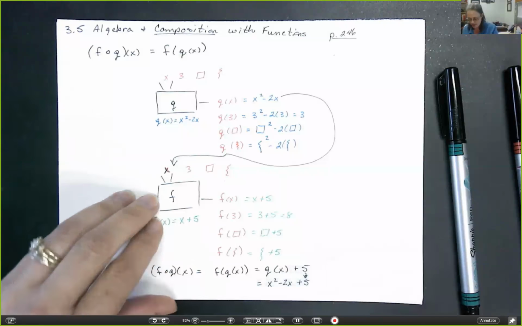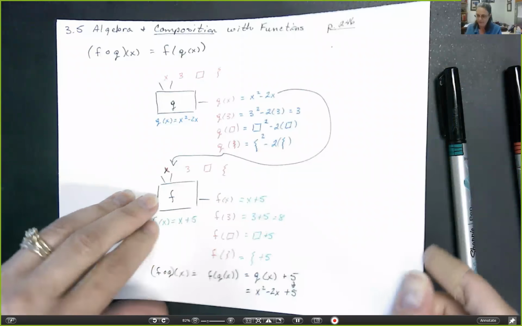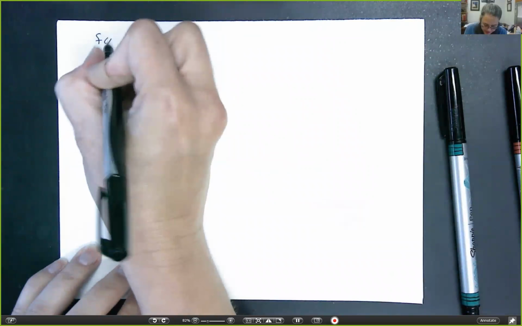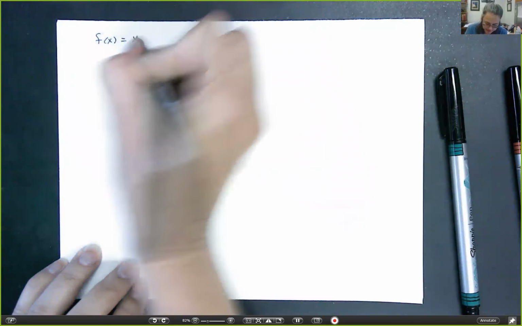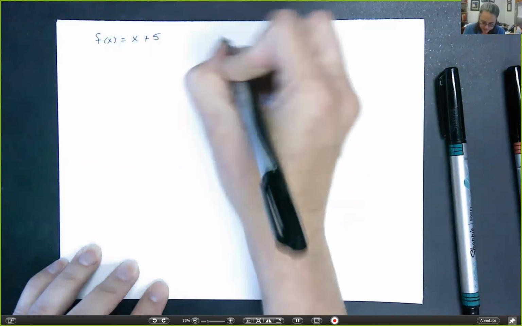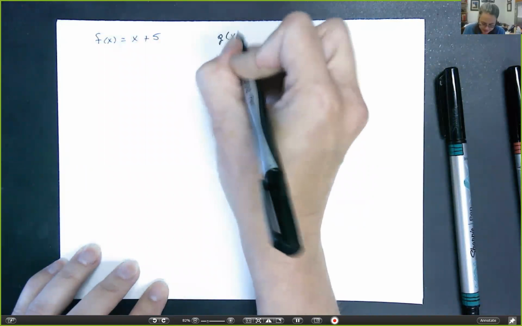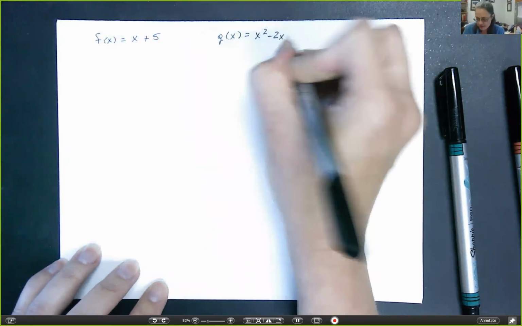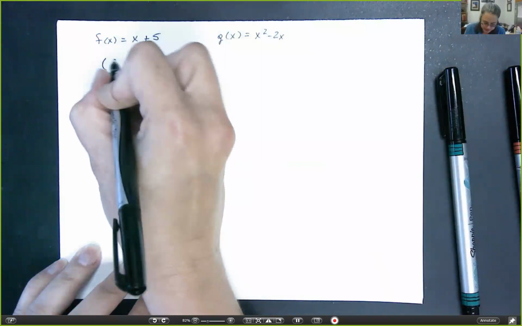Let's take that apart a little bit more. The two functions I want to work with are F of x, defined to be x plus 5, and G of x, defined to be x squared minus 2x. I'm going to compose those together.